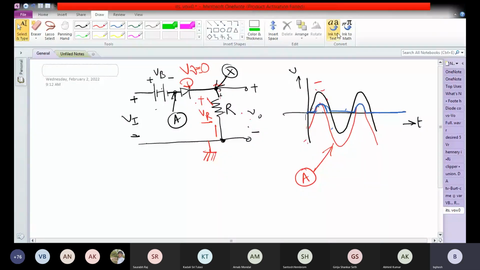In this period, which is here and here, the diode D is on.